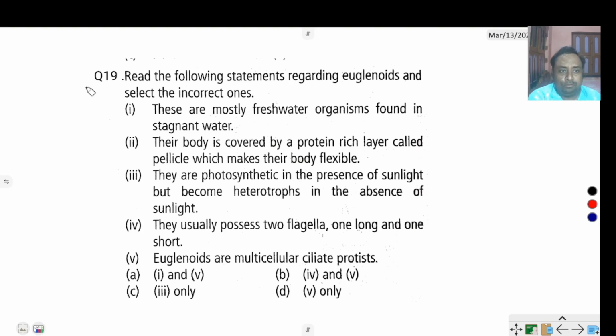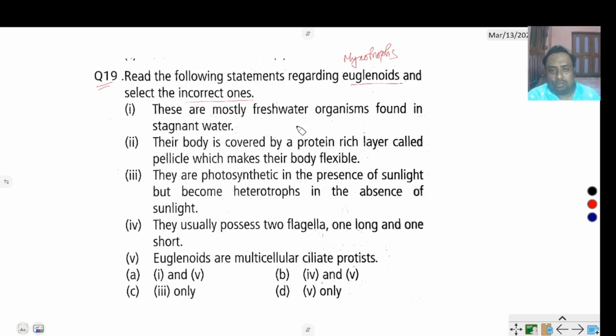19 number question. Read the following statements regarding euglenoids and select the incorrect ones. Euglenoids are mixotrophs. They do photosynthesis in light conditions, and in the absence of light they are heterotrophs.